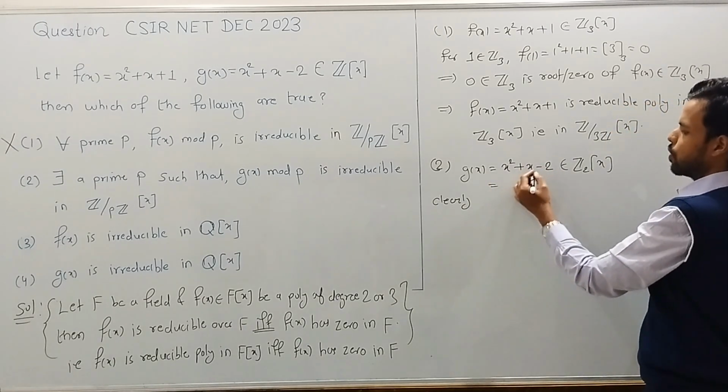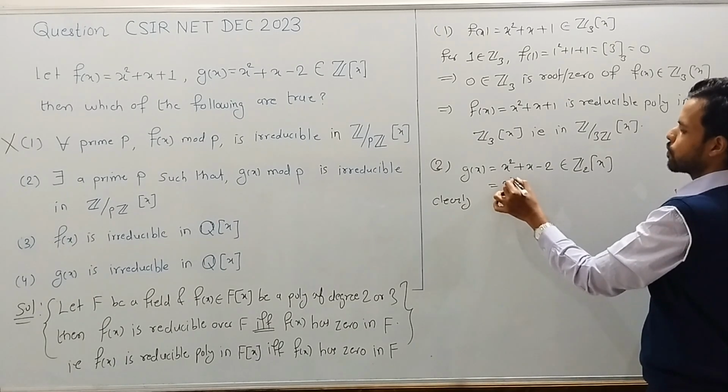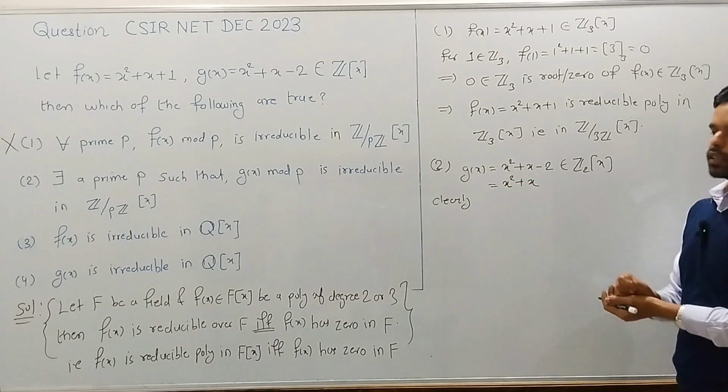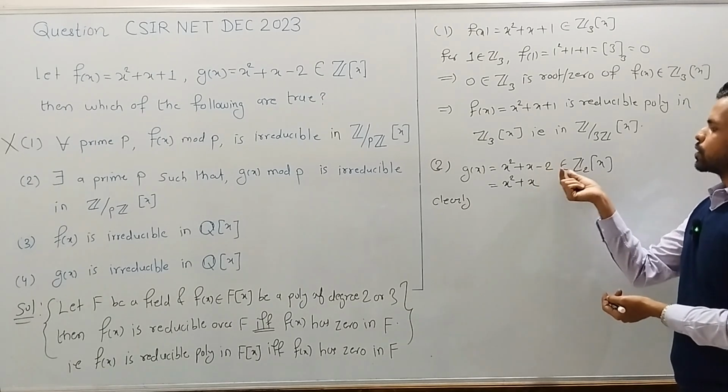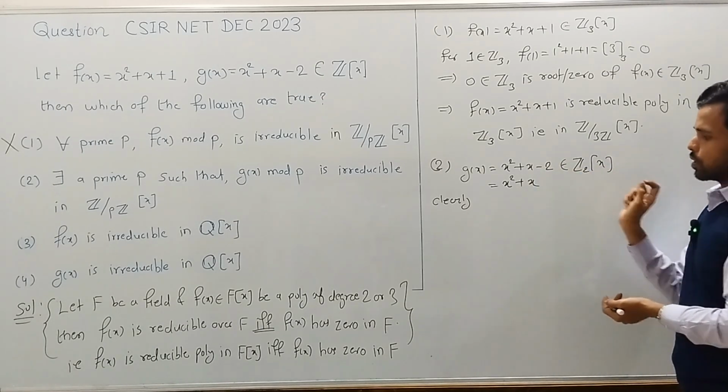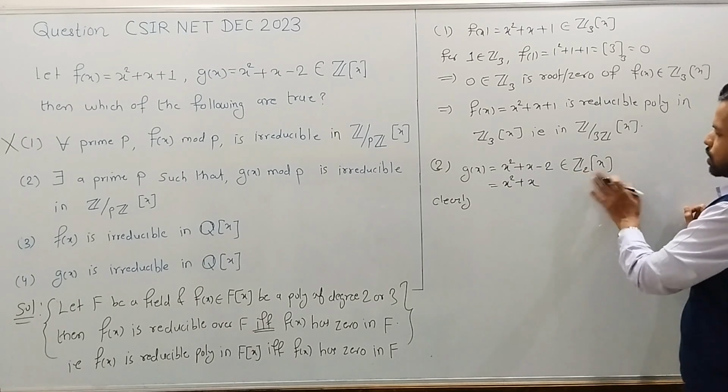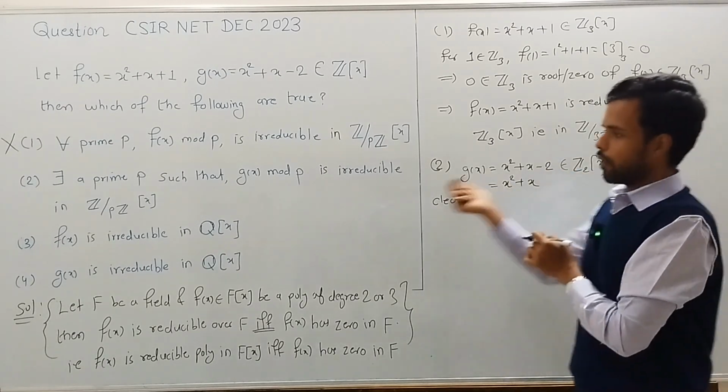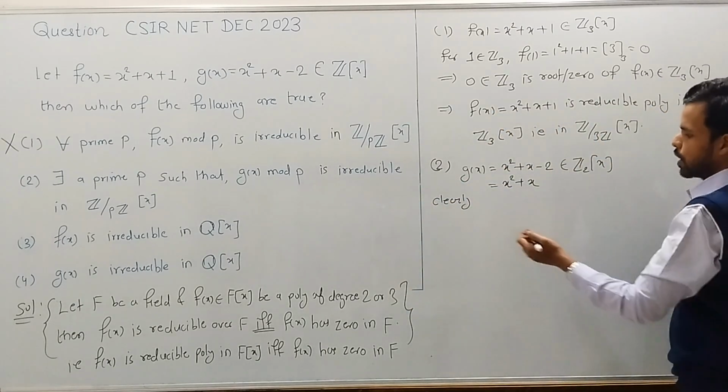If we reduce the coefficients modulo 2, we get x² + x, because −2 mod 2 is 0. So clearly g(x) belongs to the polynomial ring Z2[x] for p equals 2.